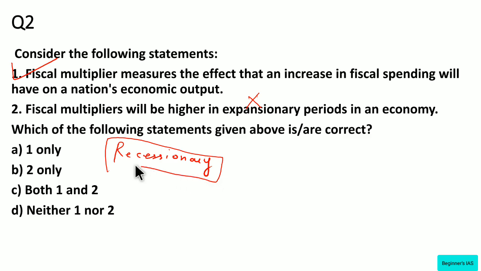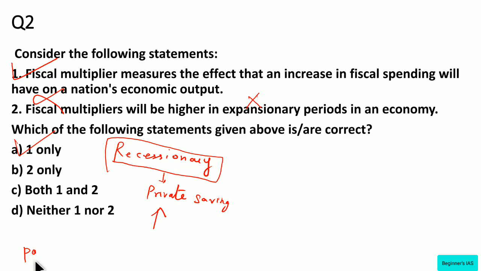Fiscal multipliers will be higher in recessionary periods because private savings increase due to the precautionary motive to save, and also any potential crowding out of private investment is unlikely to happen because of the increased pool of loan funds despite higher spending by the government. Therefore, it is given here as an expansionary period, so the statement is wrong. So the answer would be A, 1 only.